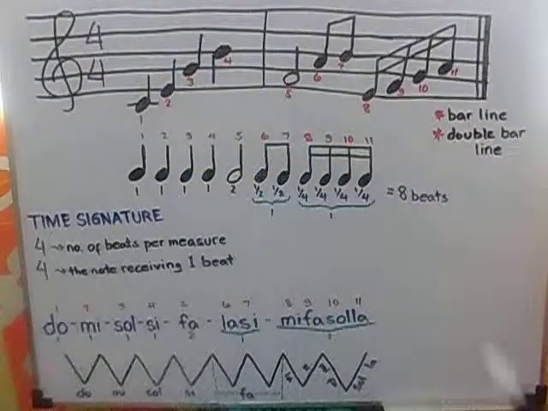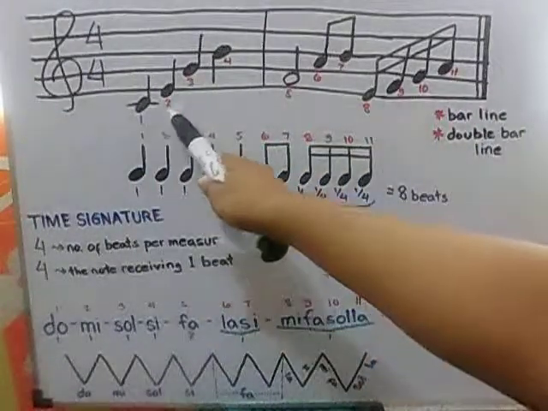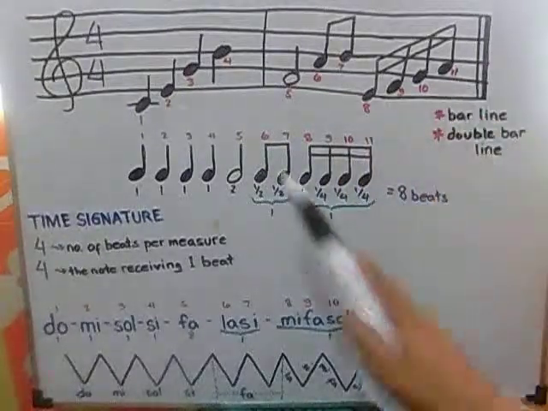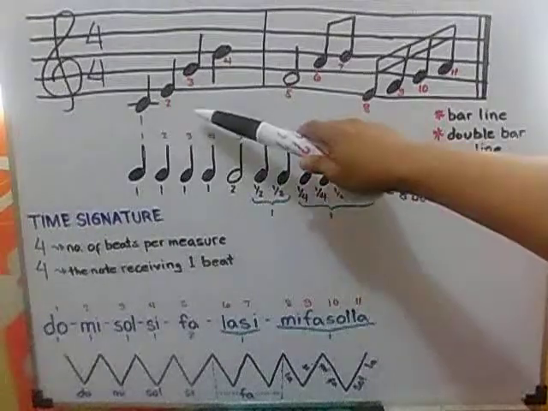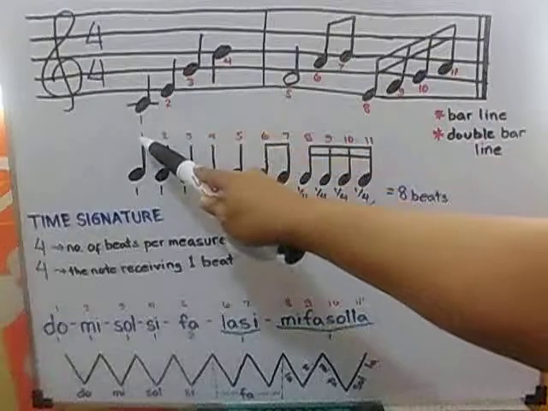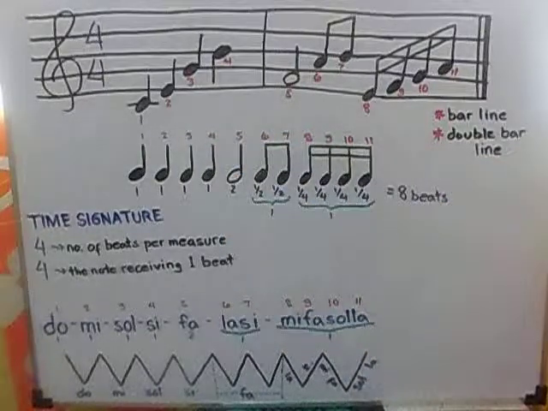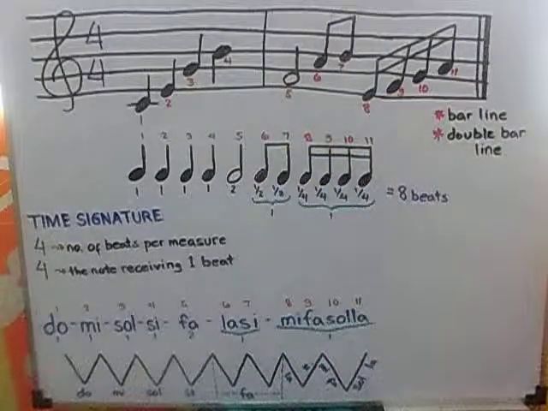Now, in this system we have 11 notes with different pitches: note number 1, 2, 3, and up to 11. First we must know the duration of each note.